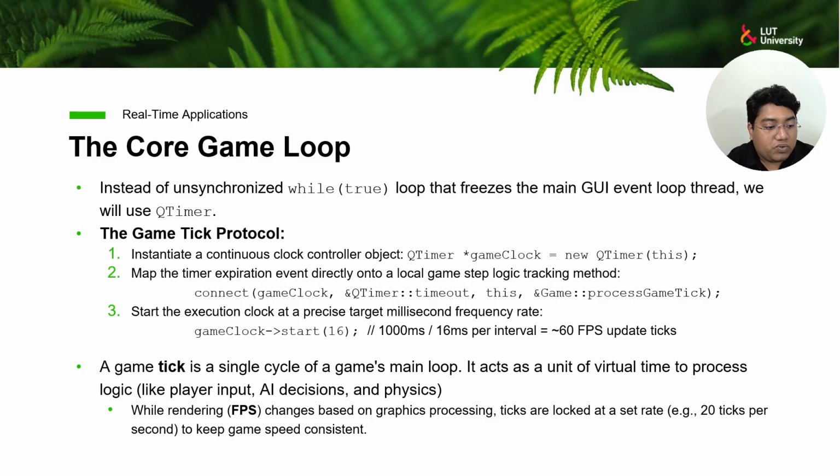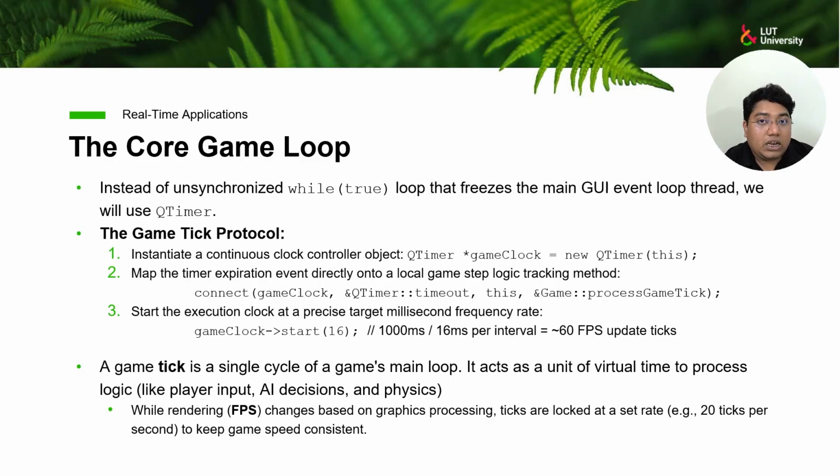Perhaps the player moves, perhaps an enemy advances, but once the update is complete, we call the update function. That schedules another call to paintEvent. paintEvent then redraws the screen using the new positions. The timer fires again, the game state changes again, the screen is redrawn again. This cycle continues dozens of times every second.